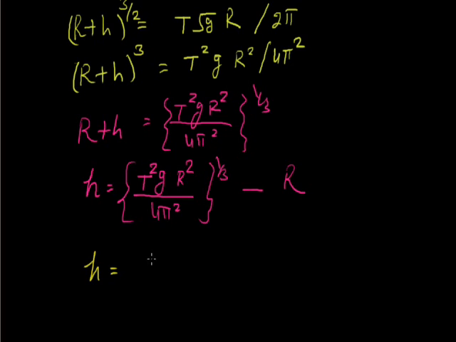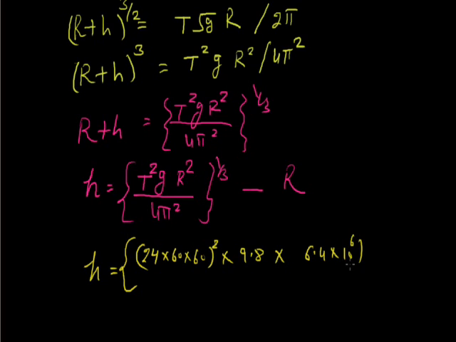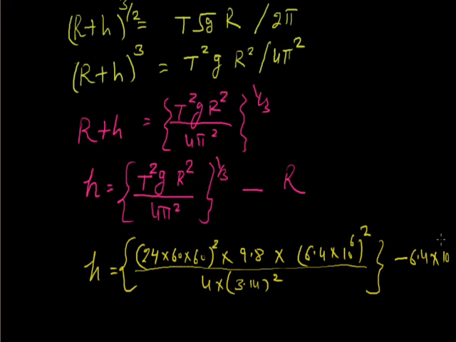So h will be equal to (T = 24 into 60 into 60) whole square, g = 9.8, radius of Earth is 6.4 into 10 raised to the power 6 whole square, upon 4 into 3.14 whole square, minus 6.4 into 10 raised to the power 6.